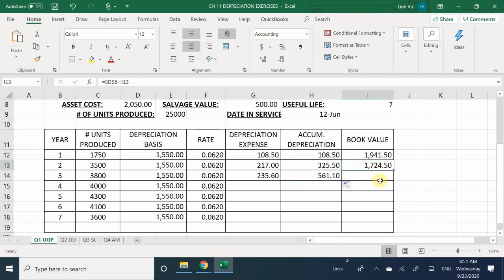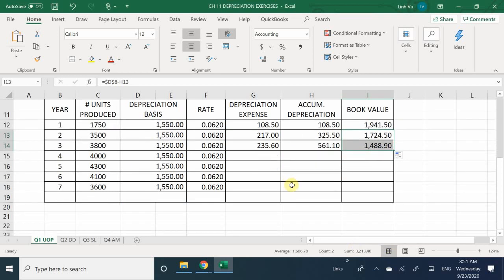And what is my book value going to be for the third year? 1488.90. Okay. If no one else wants to participate, that's fine too. So what about the depreciation expense for the fourth year?